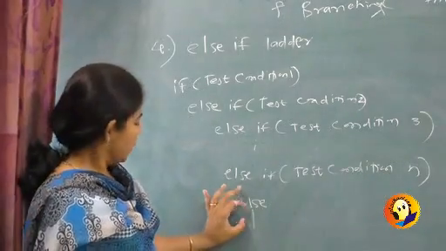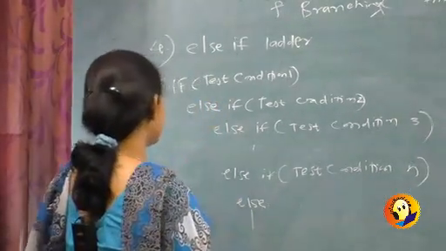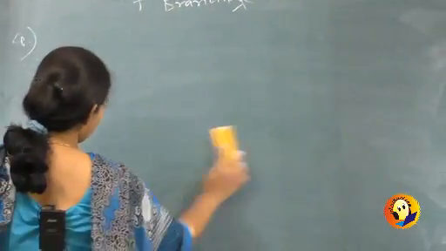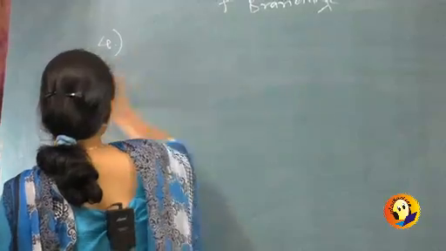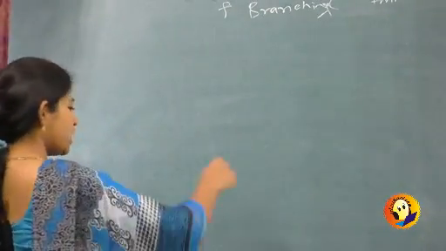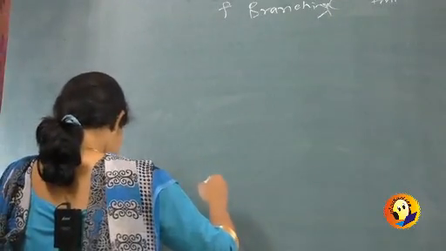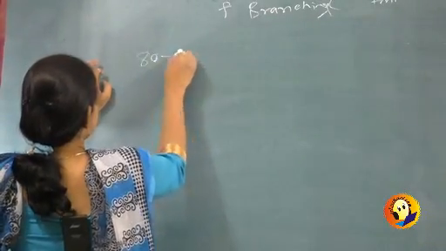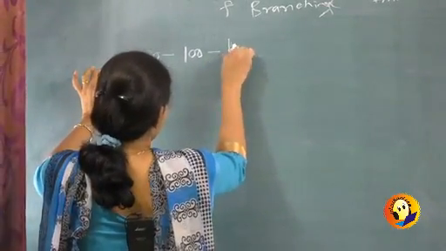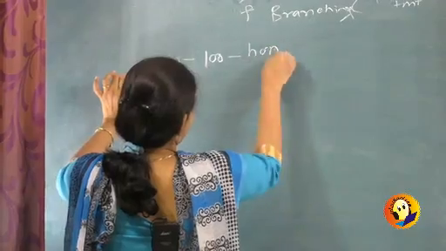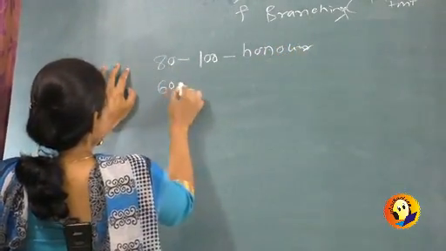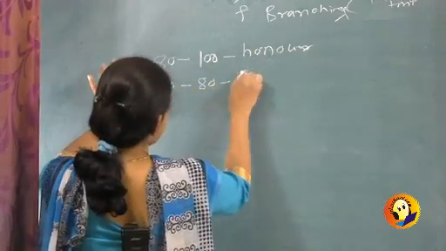Okay. So for the else if ladder, we will consider the scenario of a grading system or marking system. For example, if the marks of a student are between 80 to 100, then the marks are classified as distinction or honor. If marks are between 60 to 80, then that is first class.